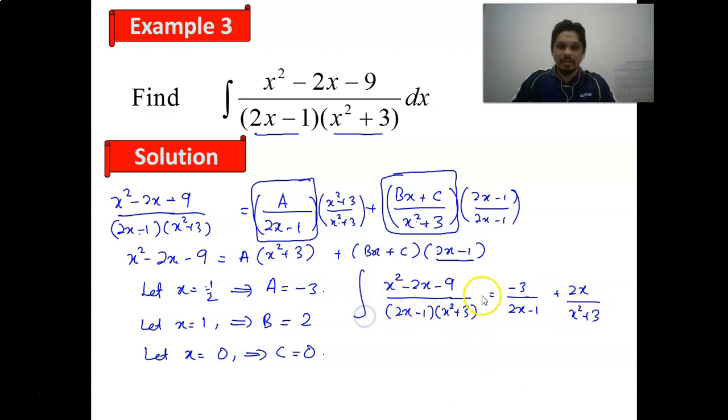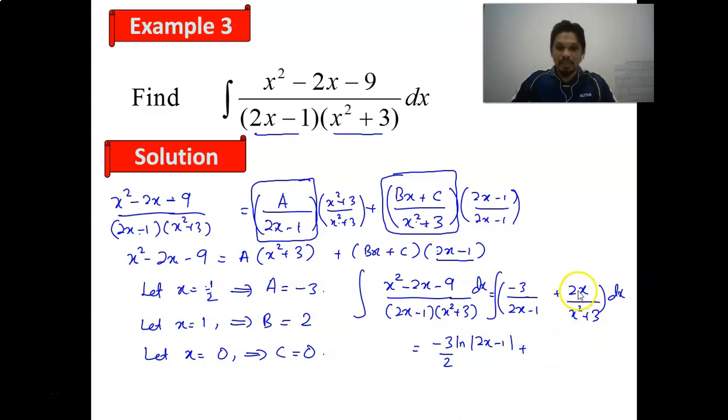Then integrate this with respect to x, and also integrate this dx. Now the integral of negative 3 divided by 2x minus 1 is negative 3 natural log of 2x minus 1. And don't forget we divide by the derivative of 2x minus 1, equal to 2. So negative 3 divided by 2.